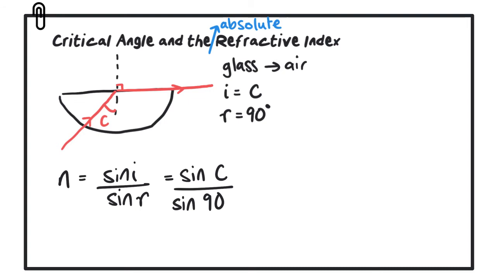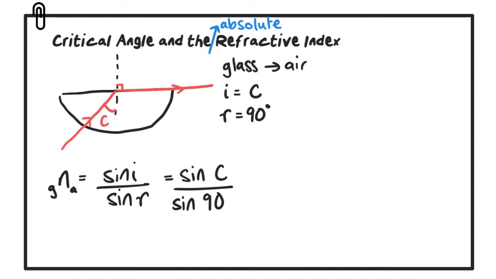Because our angle of incidence is in the glass and our angle of refraction is in the air, the refractive index we're working out is not the absolute refractive index, because it's not going from air into the glass, but rather glass going into air. So really this should be written as a subscript g, then n for refractive index, and then subscript a. So going from glass into air.